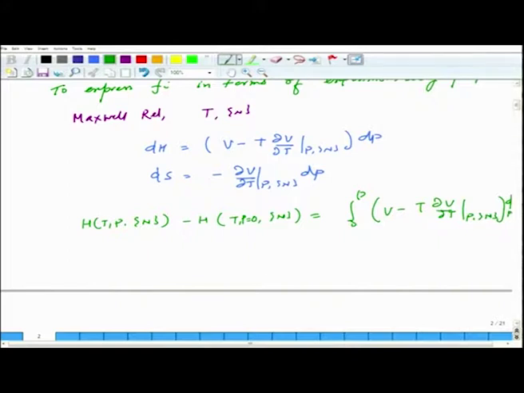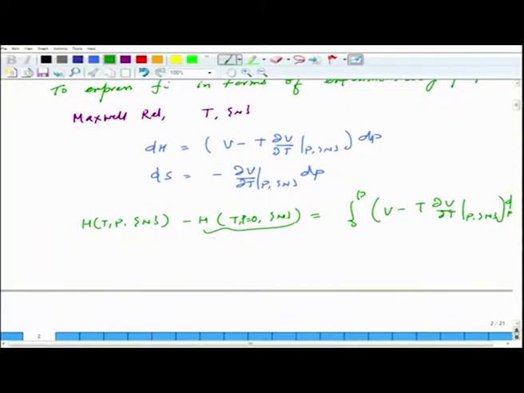Now, at 0 pressure we can approximate this to be an ideal gas, and thus in that case the partial molar enthalpy is nothing but the molar enthalpy.